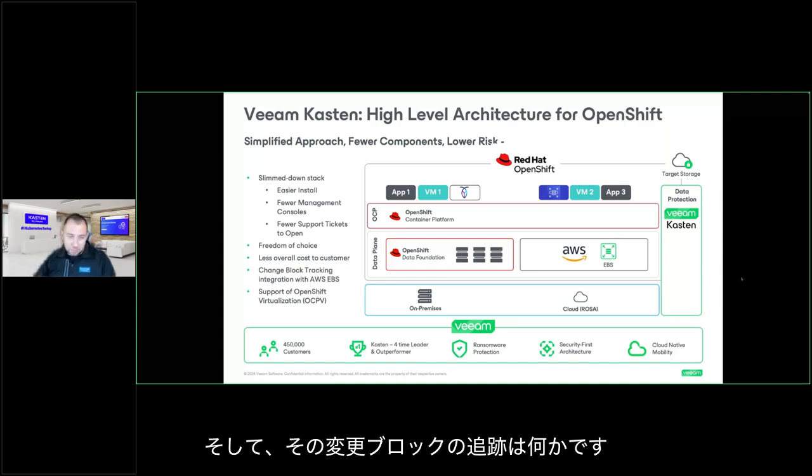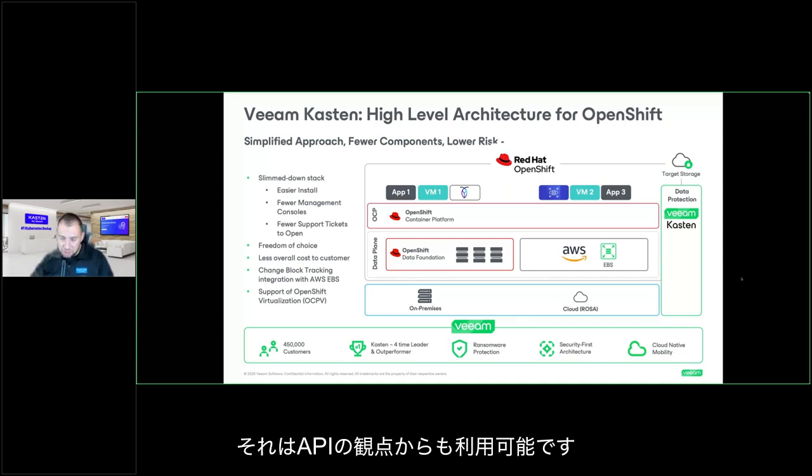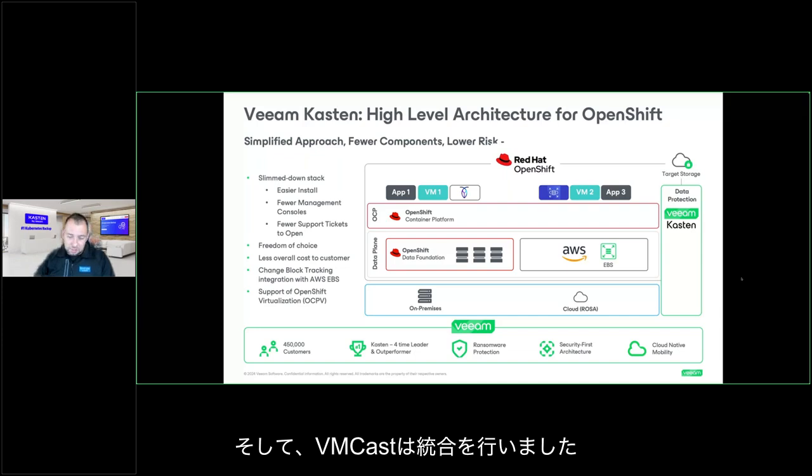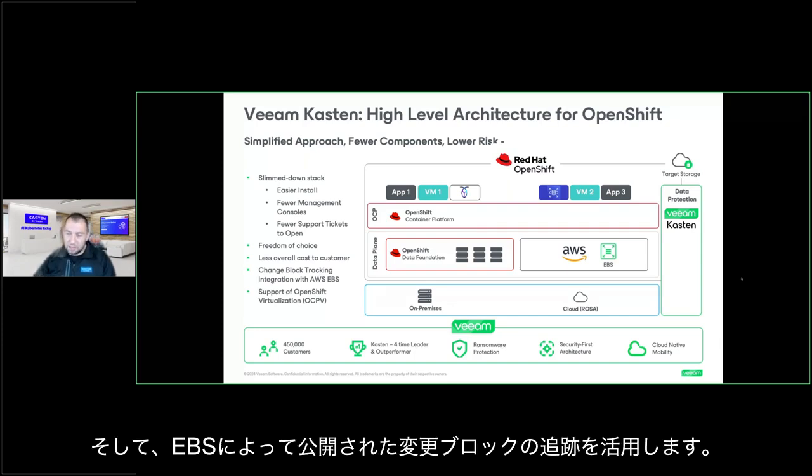That change block tracking is also available from an API perspective with AWS EBS, which is the storage service that ROSA is going to use. And Veeam Kasten did the integration that was required to properly interact with EBS and leverage the change block tracking exposed by EBS.